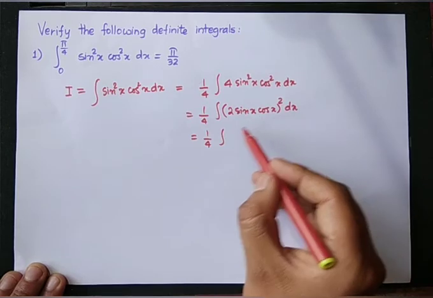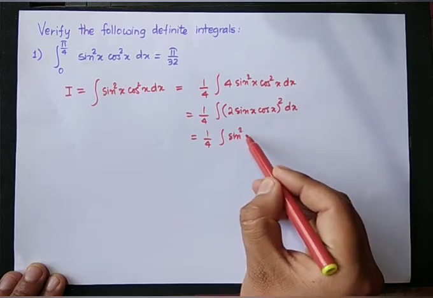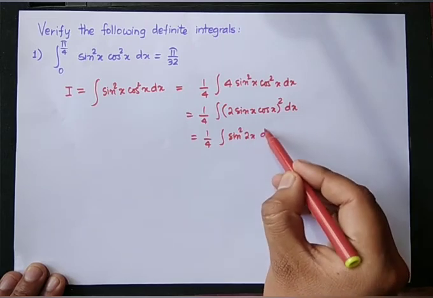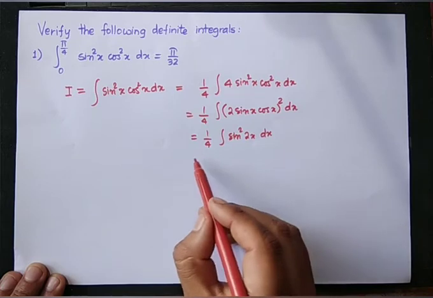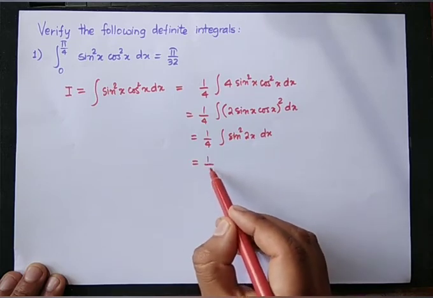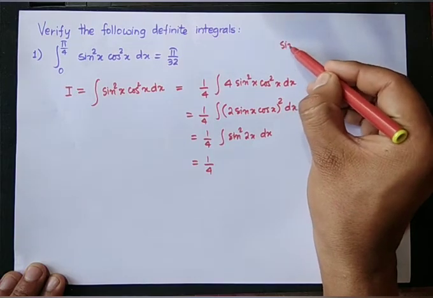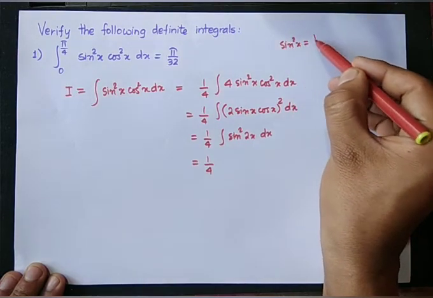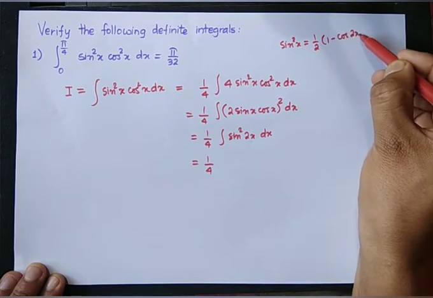Now 2 sine x cos x is sine 2x, so this can be written as sine squared 2x dx. Whenever you get sine squared theta, what you need to do is put this formula: we know that sine squared x can be written as half of 1 minus cos 2x, right?